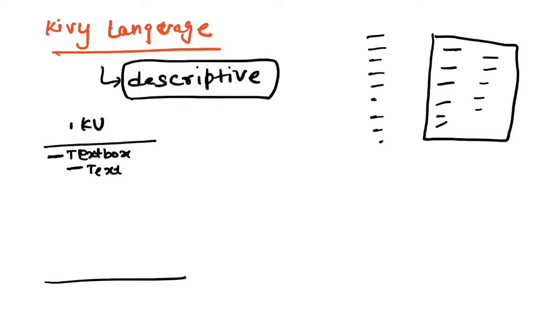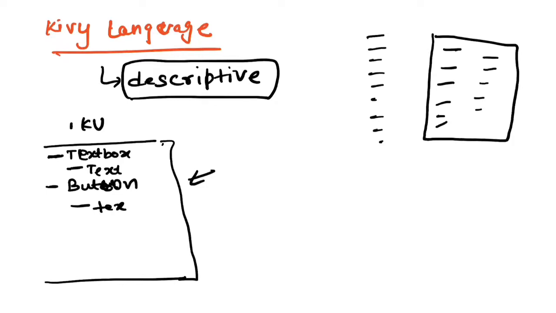So you can create all of these nestings. Let's say another component is a button, and within this button you want certain text to be written. So all of these components you can describe in a file, and you can supply this file to Kivy language, and Kivy language will translate it into a UI component. So this is another important module of Kivy.